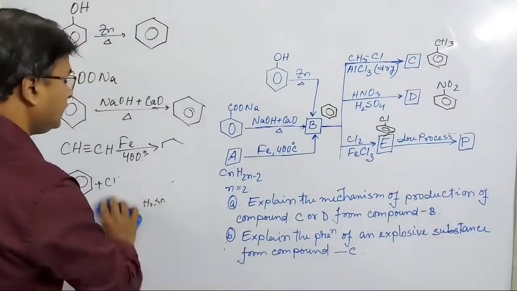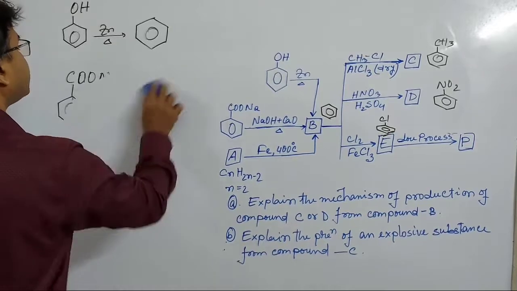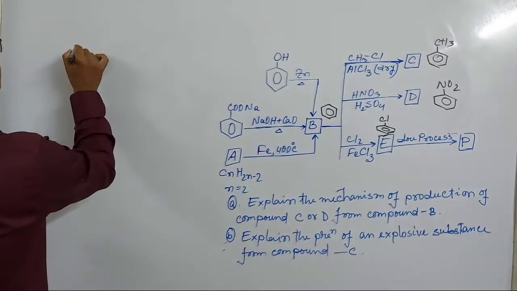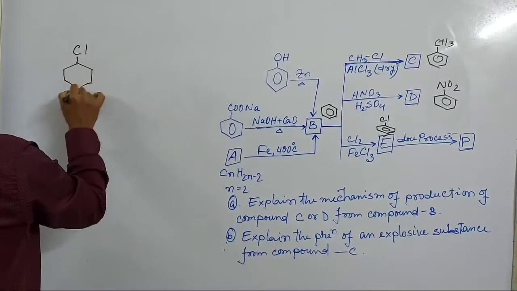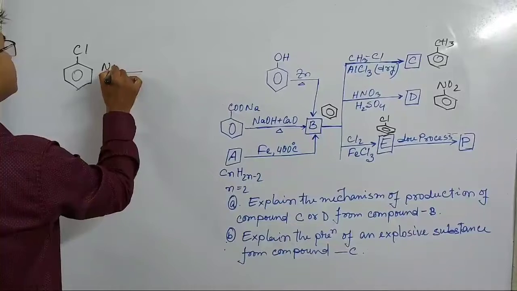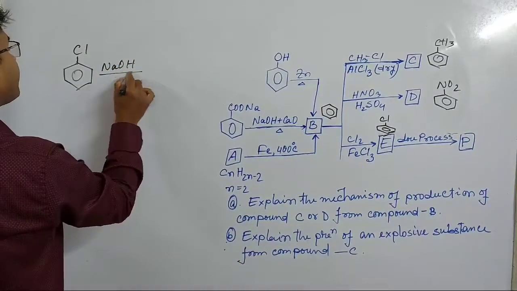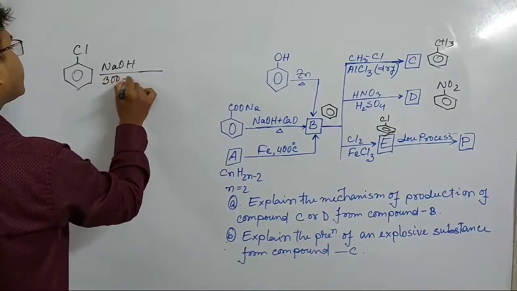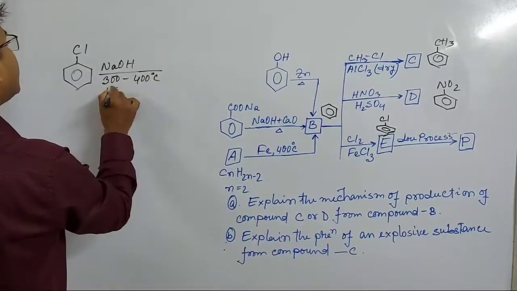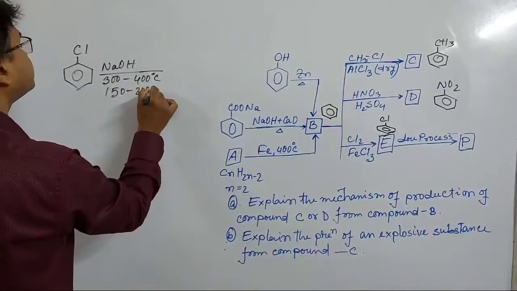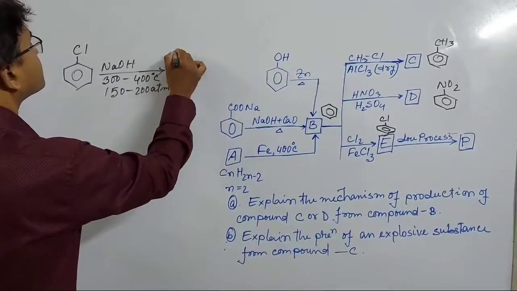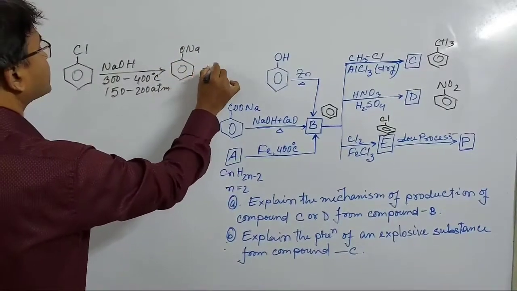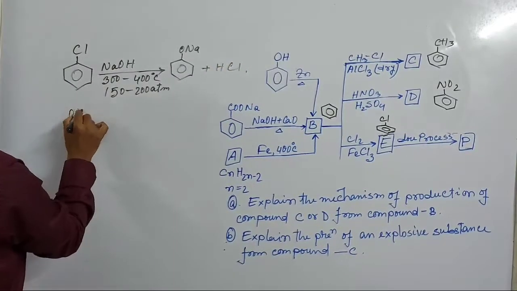Actually, in the Dow process, chlorobenzene reacts with sodium hydroxide at 300 to 400 degrees centigrade temperature and 150 to 200 atm pressure to produce sodium phenate, or sodium phenoxide, and hydrochloric acid.